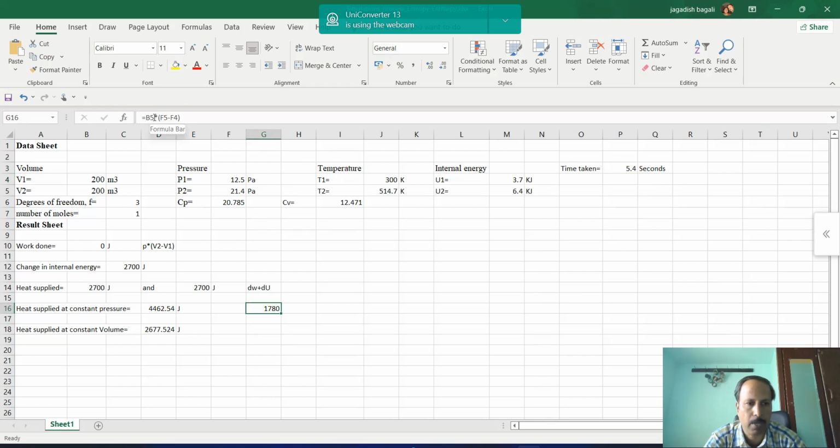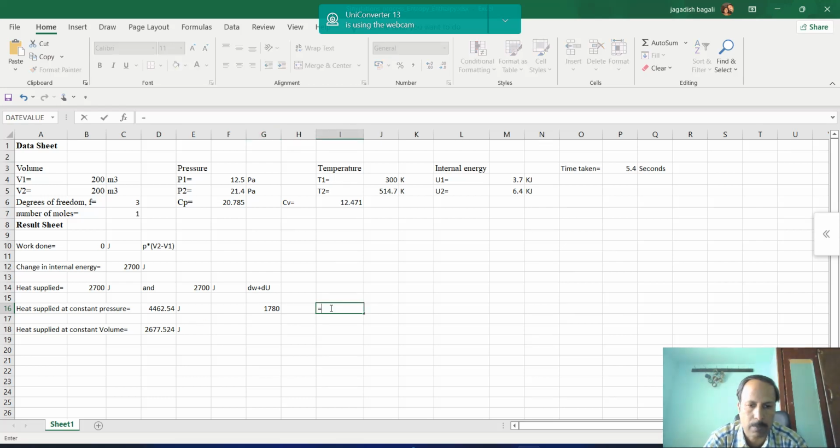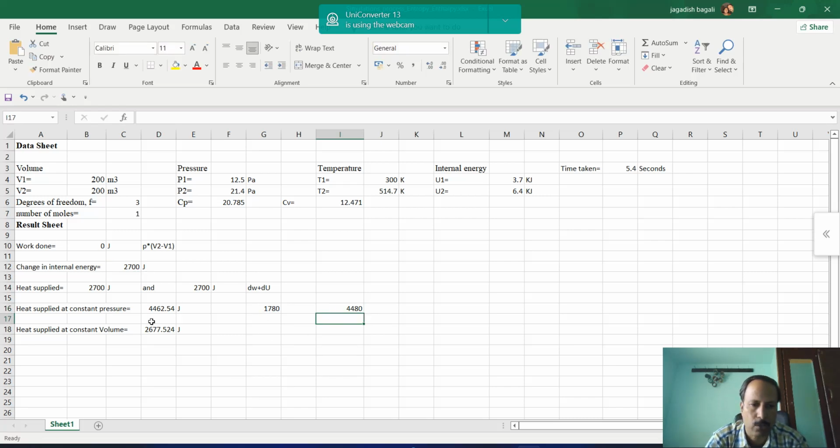B5 is the constant volume value multiplied by the change in pressure, that is 21.4 minus 12.5. If you do that, it is 1780. If you add this value and the change in internal energy value, you will get approximately 4480, which is approximately equal to this value, 4462.